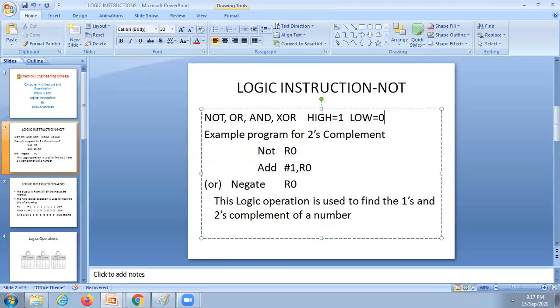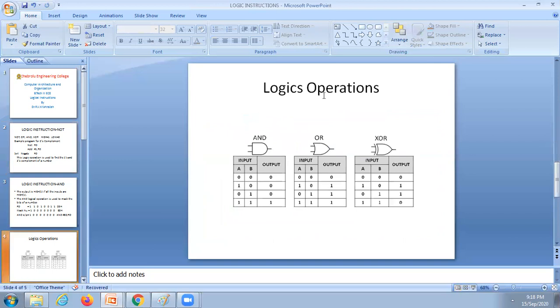Similarly, low is also sometimes called 0. Both are the same. These are the general nomenclature we are going to use. In the logic operations, first we should be familiar with the logics.